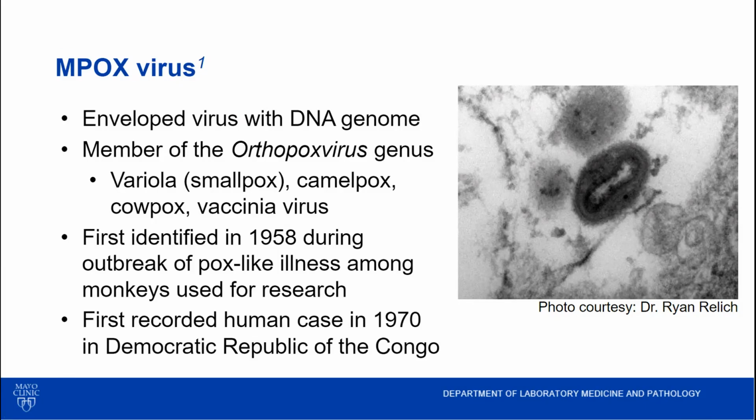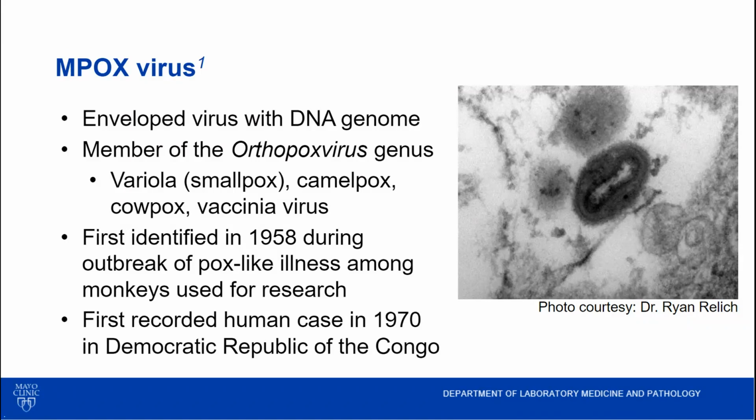MPOX virus was first identified in the late 1950s during an outbreak of a pox-like illness among monkeys that were being used for research studies. And that's really how this virus got the original name of monkeypox virus. It wasn't until 1970 that the first recorded human case of MPOX virus occurred in the Democratic Republic of the Congo.